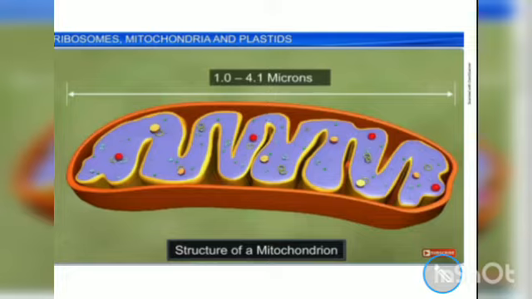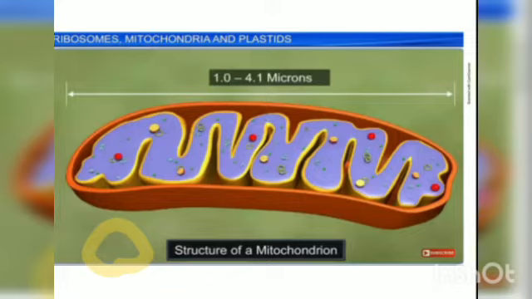Listen, during the course of fertilization, what happens? The egg of the mother has its own nucleus, and the sperm has its tail part, and the nucleus remains in the head. The sperm has its mitochondria, and the cytoplasmic part of the egg cell also has its mitochondria.